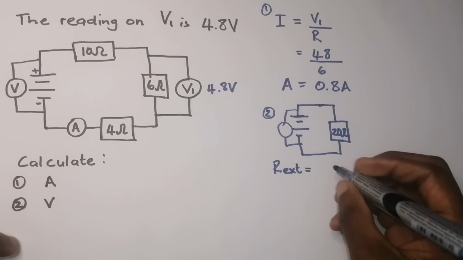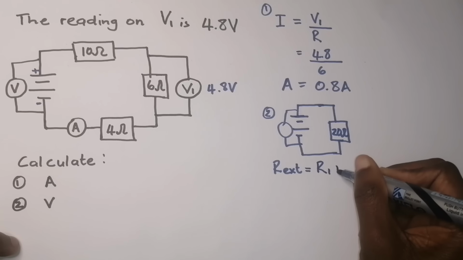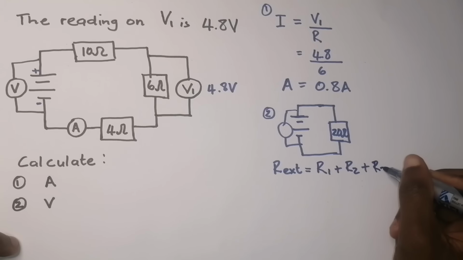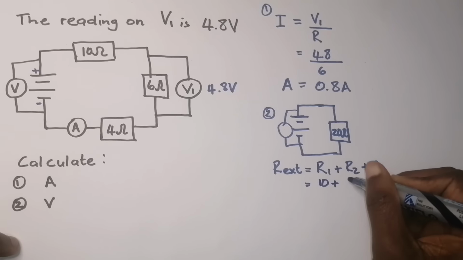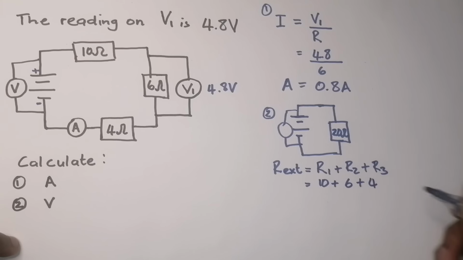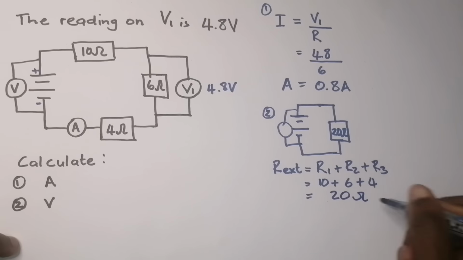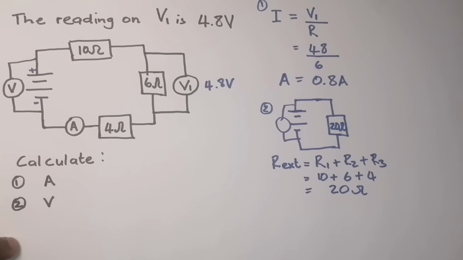So R external is going to be R1 plus R2 plus R3. We've got 3 resistors, isn't it? So this is going to be 10 plus 6 plus 4, and that gives us 20 ohms.